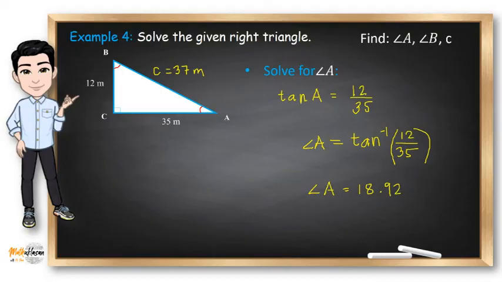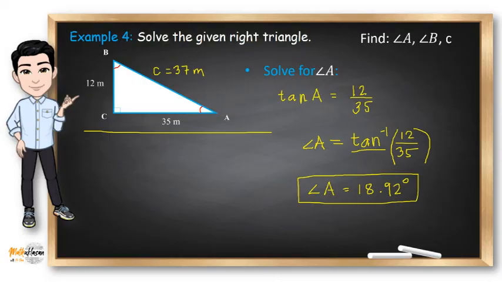Kaya nilalagyan natin ng degrees. Okay? At sabi ko nga, nagkataon lang na tangent ang ginamit ko dito kasi nga ang reference ko is angle A and then I use opposite and adjacent side. You can also use sine, cosine, tapos ang magiging notation nyo dito ay magiging arc sine o kaya naman ay arc cosine.